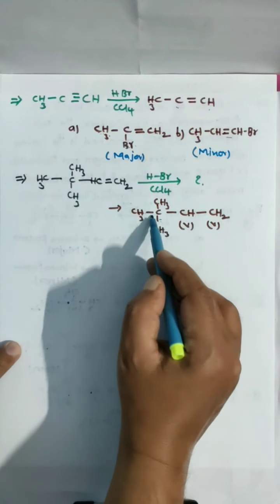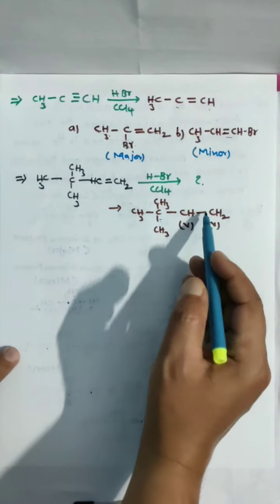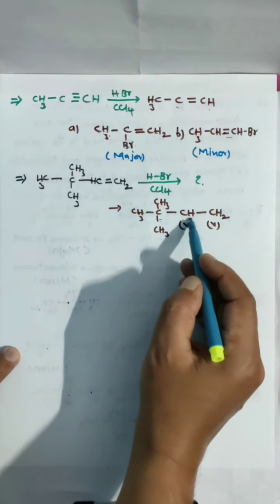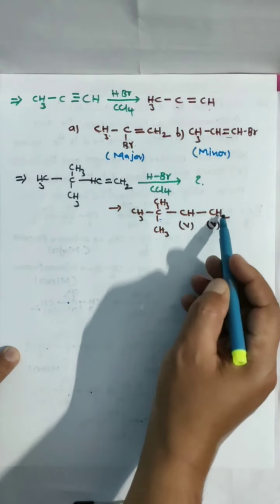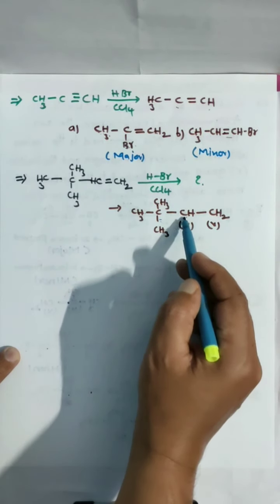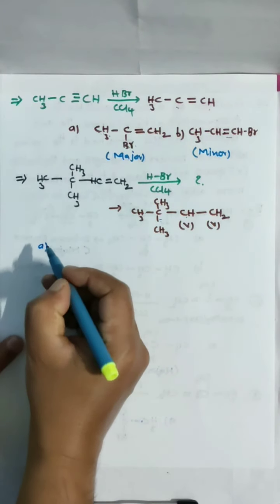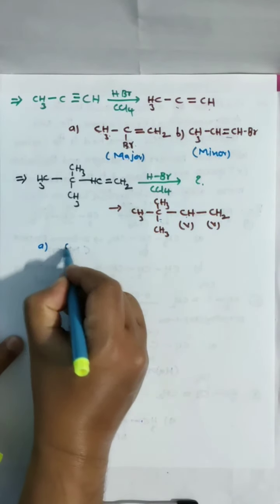We have to see both sides, whether a more stable carbocation is forming or not. This is 2 degree carbocation now, this is primary. But if you shift this methyl, then here you get 3 degree. That's why first methyl shift.